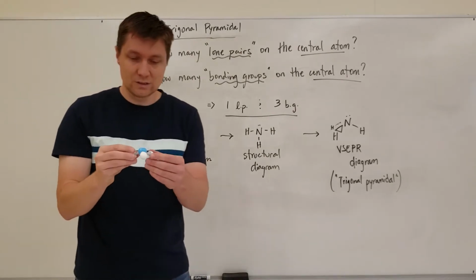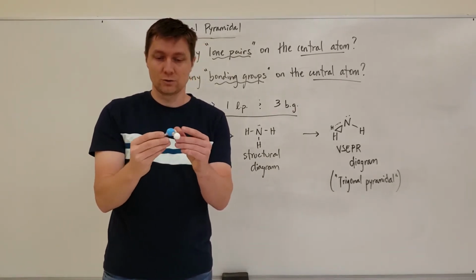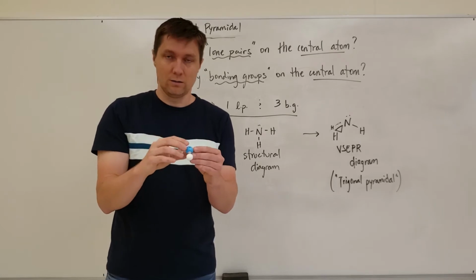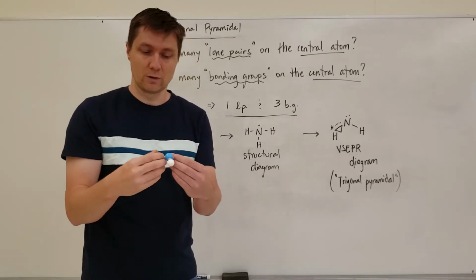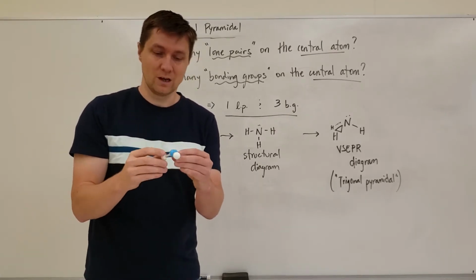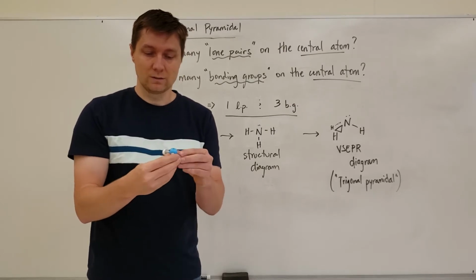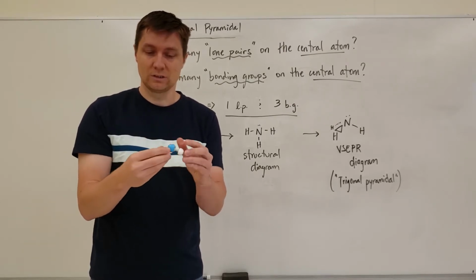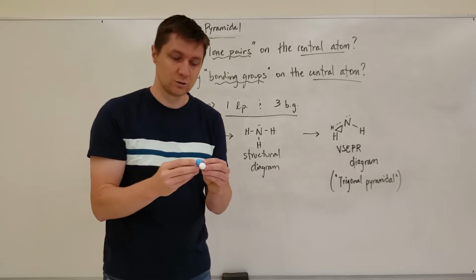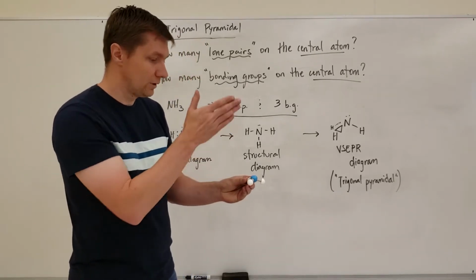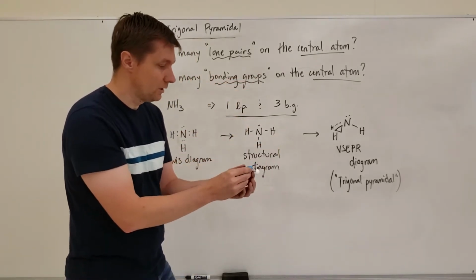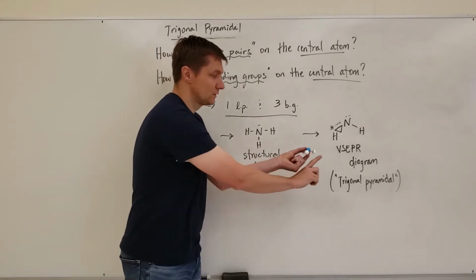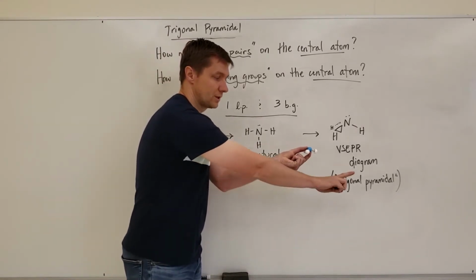And so you can see this one here, again, the electrons are the maximum distance away from each other, whether they're in a bond or whether they're a lone pair on the top. And so how I orient this, you can see that it's basically the same molecule no matter which direction I hold it. But if I'm looking at this with this diagram here, you can see that this hydrogen here is coming down.